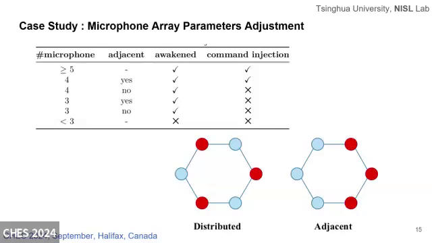The attackers need to inject the laser command into at least 4 adjacent microphones simultaneously to get the devices to respond to their command. Distributed ones are on the left and the adjacent ones on the right, as you see.